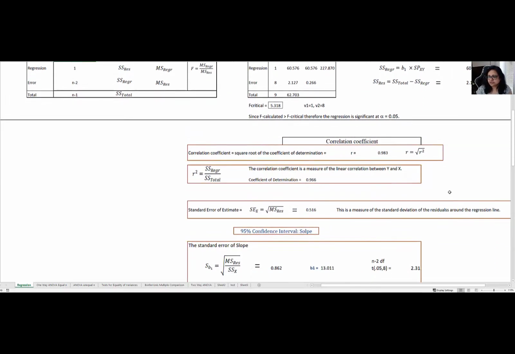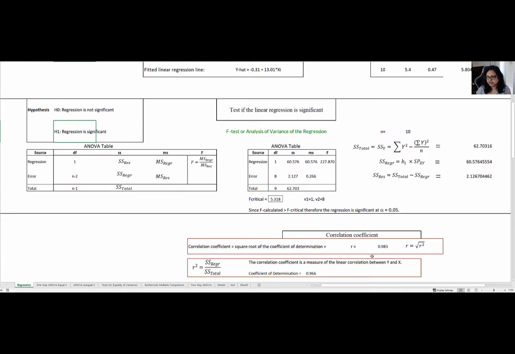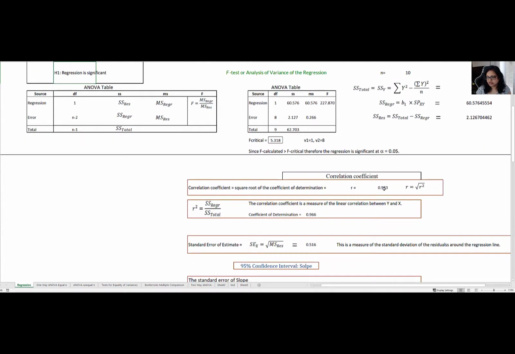Finding the correlation coefficient is way simpler. All you need to do is take the regression sum of squares, and then you also need to take the total sum of squares. That's how we can find the correlation coefficient.